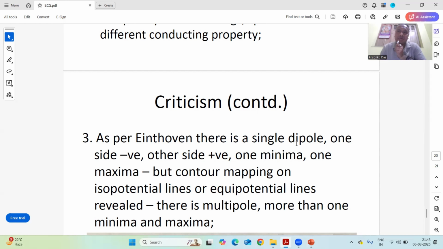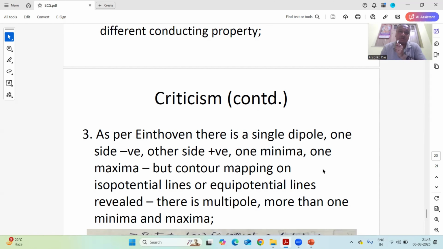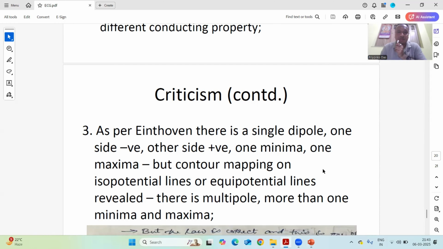But the contour mapping of isopotential or equipotential lines reveals that there are multiple dipoles, which we call a multipole. That means there is more than one minima and maxima, so his third assumption is also incorrect.